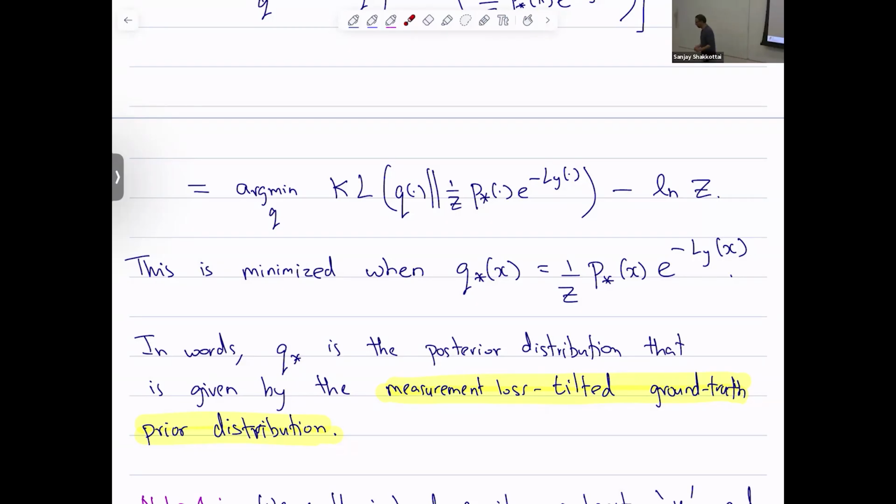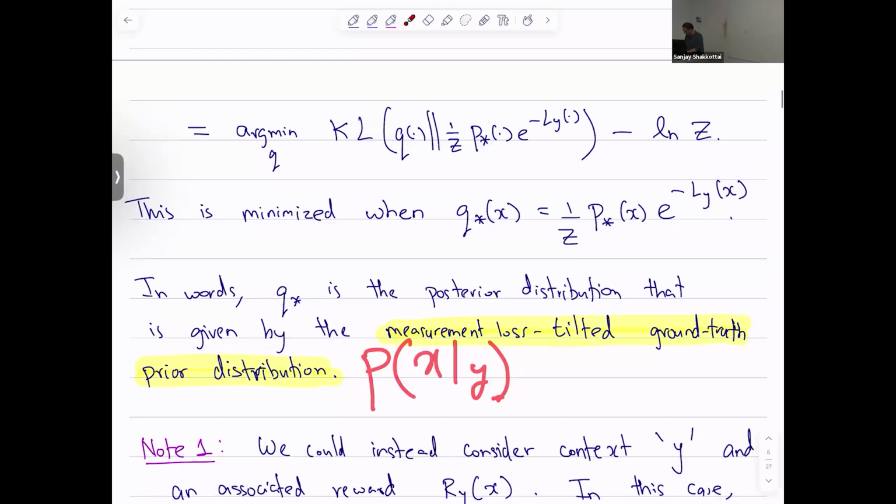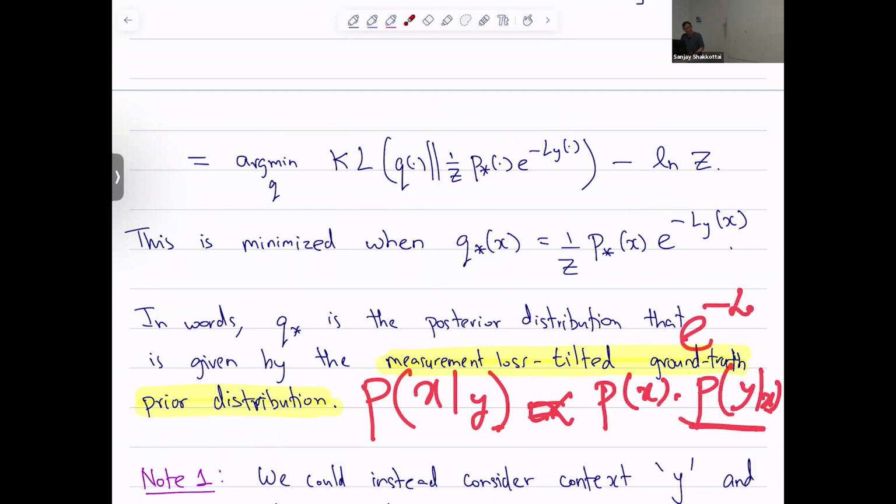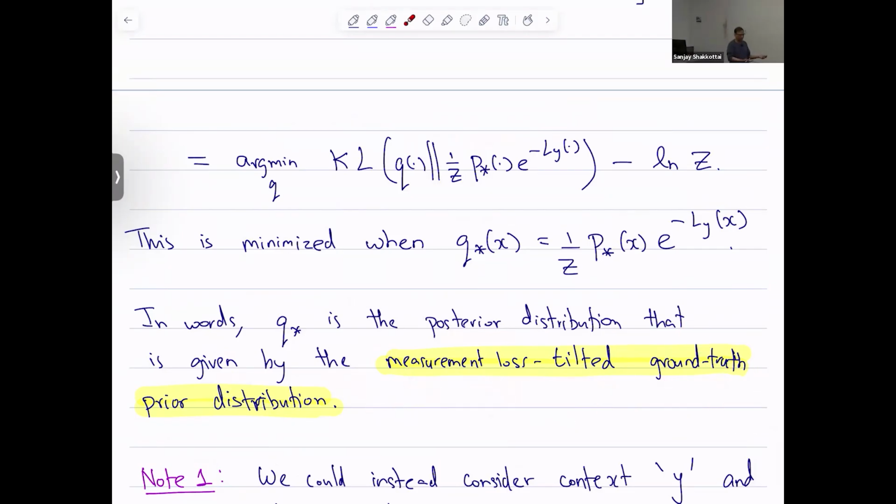So what is the posterior sampling view of it? P of x given y, how do we write this? It is proportional to P of x times P of y given x, and P of y given x is e to the minus L. So if I want to sample from P of x given y, that again is a question of this form.